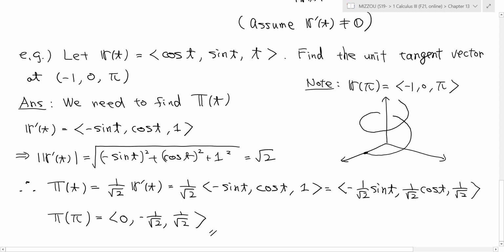And at t equal to pi, you are somewhere around here. Okay, that corresponds to the point negative 1, 0, pi. And then what you computed here is the vector tangent to this curve. So it's a vector like this with magnitude 1. So that's what you computed. Okay, so that's about the unit tangent vector.